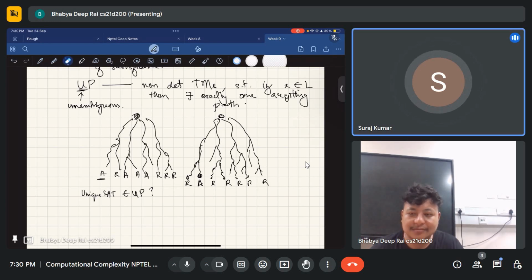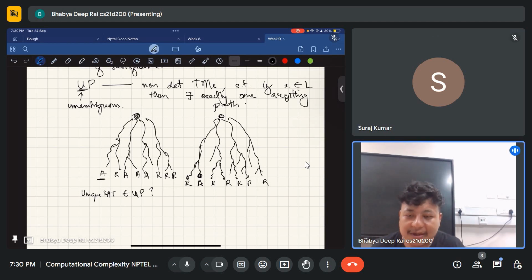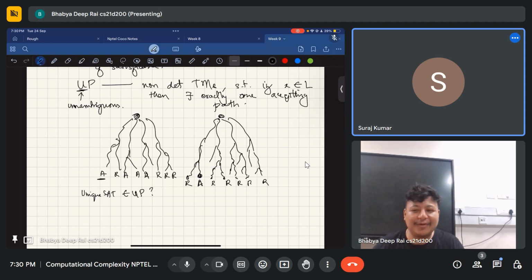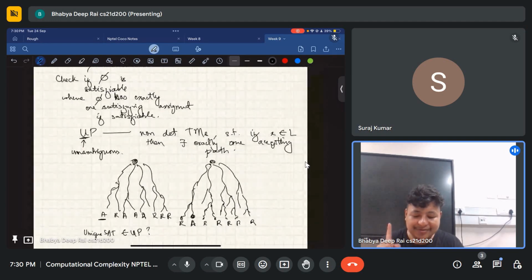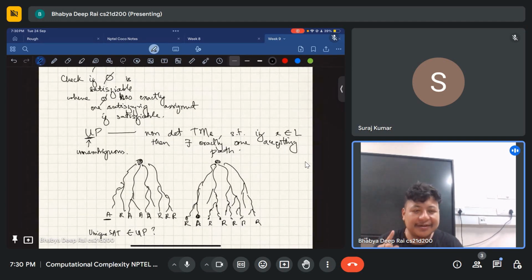There may be multiple accepting paths also. But SAT is in NP, right? Can you tell me why is SAT in NP? What is a simple NP algorithm for satisfiability?